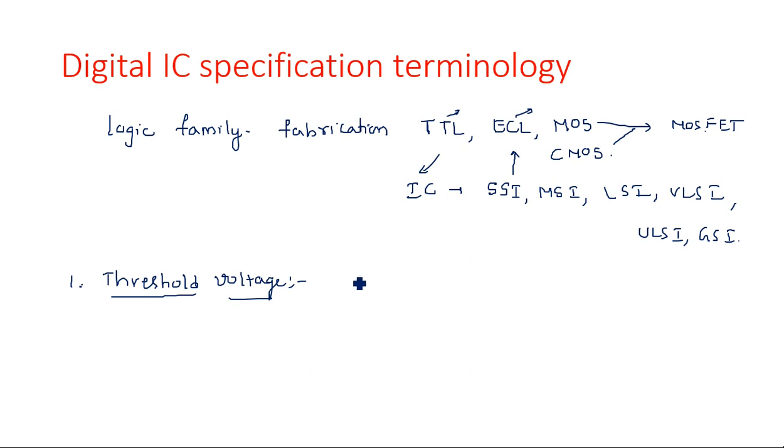Suppose we are taking a logic family, either it is a TTL; all these definitions that I am going to tell you are applicable to these logic families, whether it is a logic family related to BJT or a logic family related to MOS transistor.